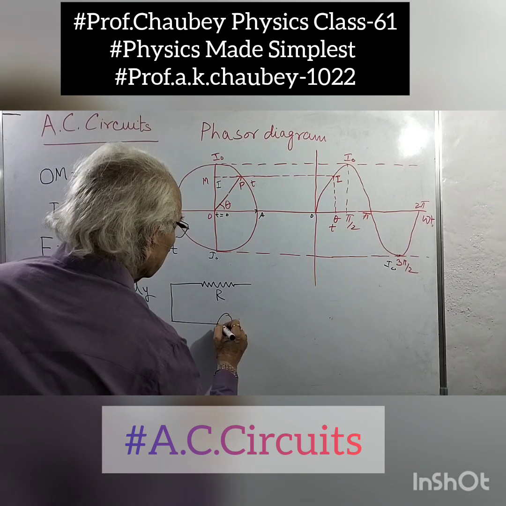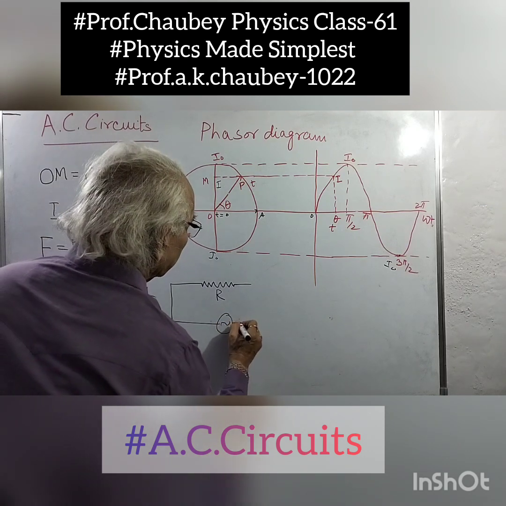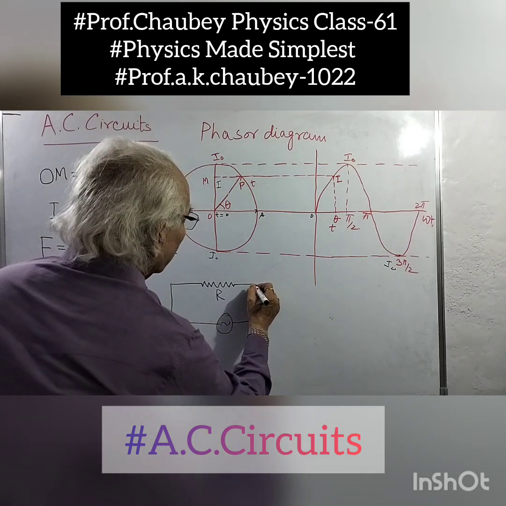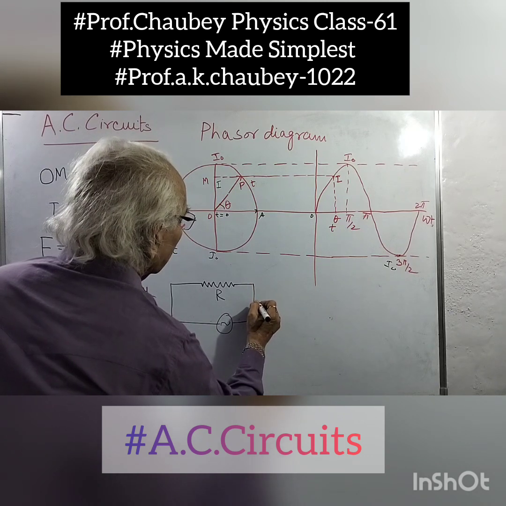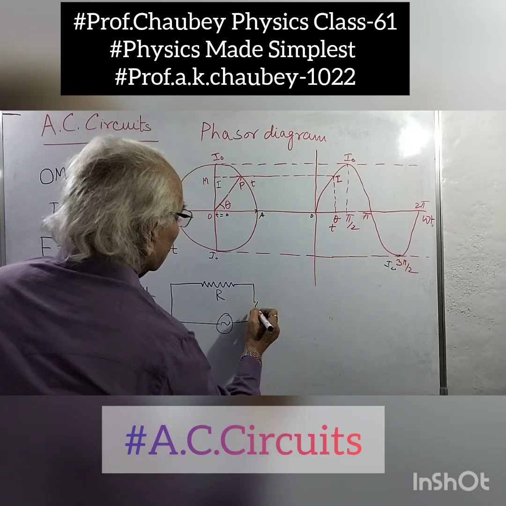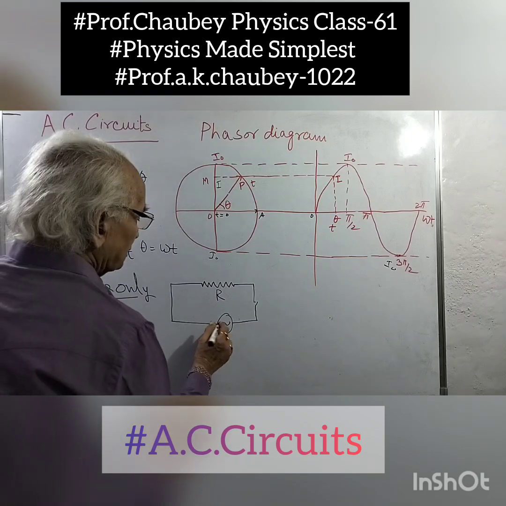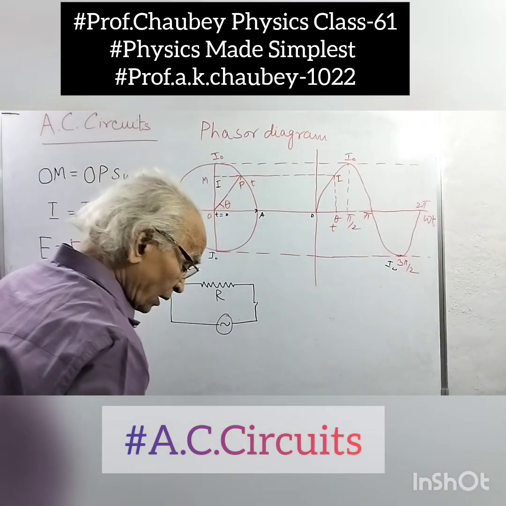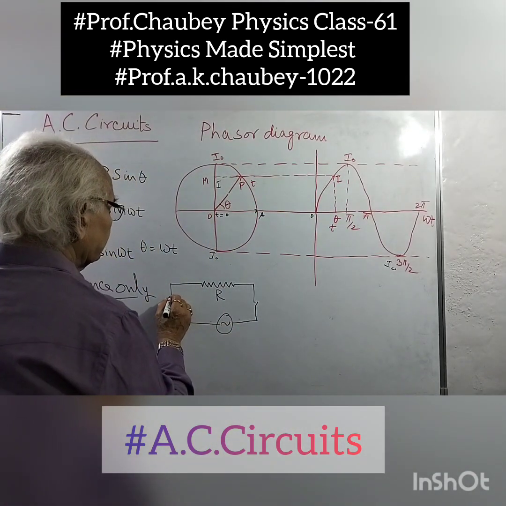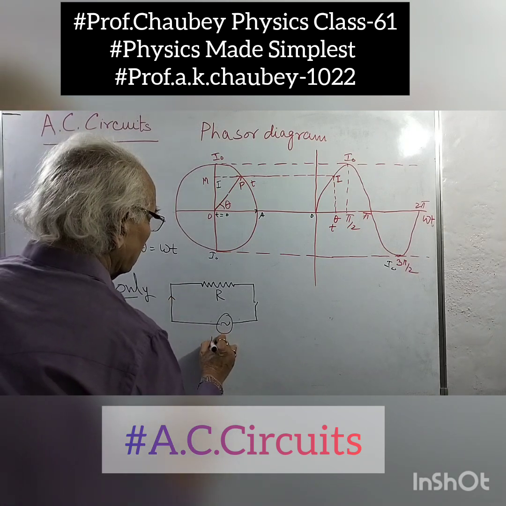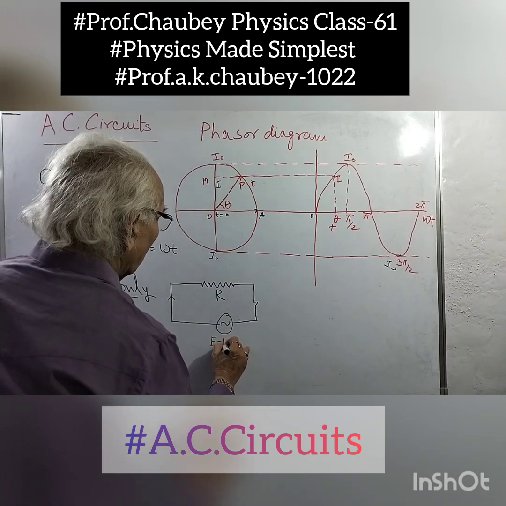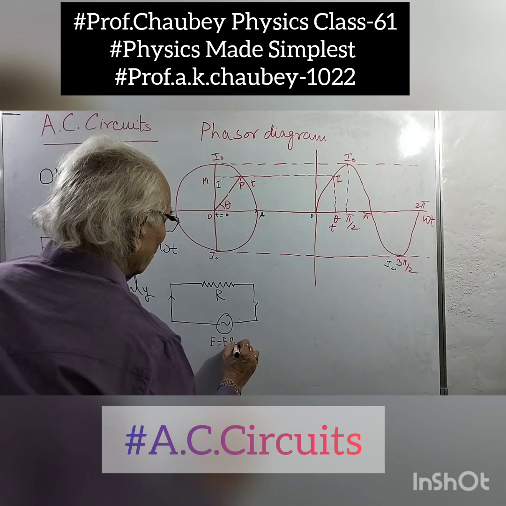This is the symbol representation of an AC source, through a key, of course. When we press the key, current starts passing through this, and this EMF is, say, E is equal to E naught sin omega t.